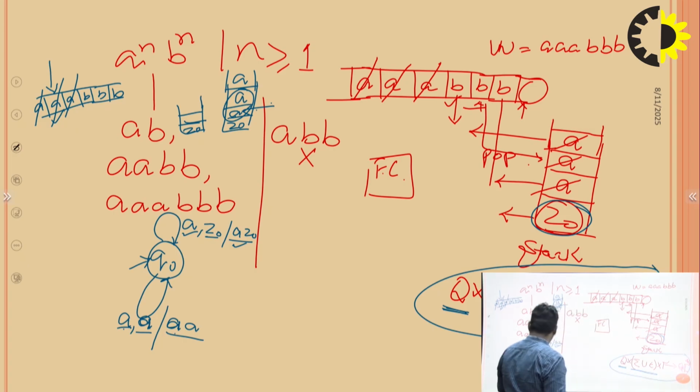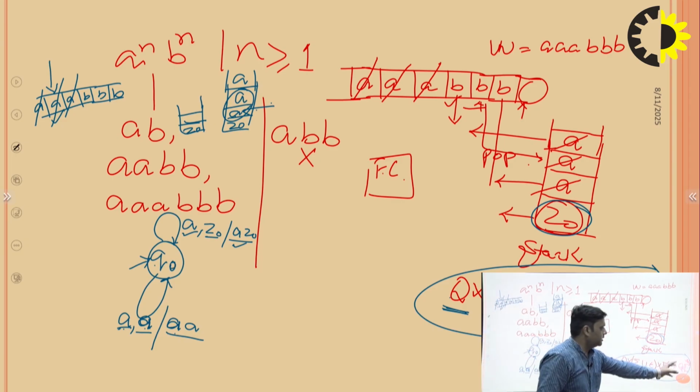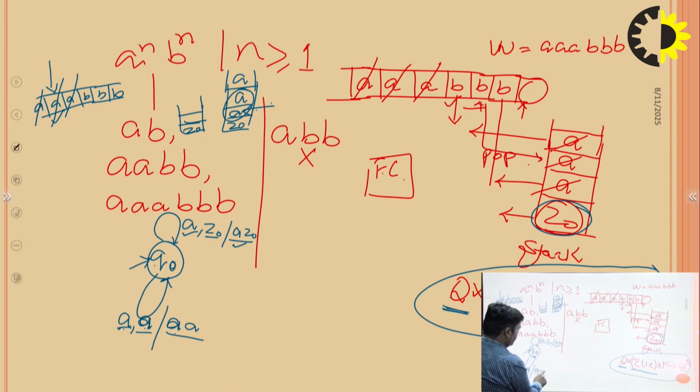Next, this transition represents that the input symbol A is at the initial state. At this state, Q is Q naught, sigma is A, tau is also A. The next state is also Q naught, and the tau symbol is AA, tau star is AA.